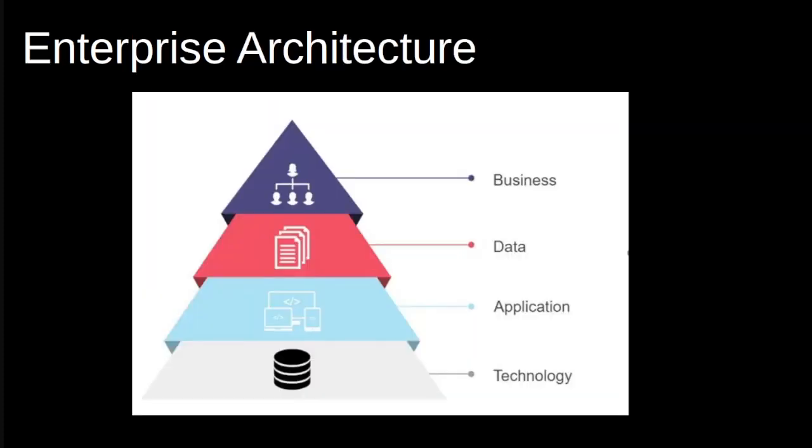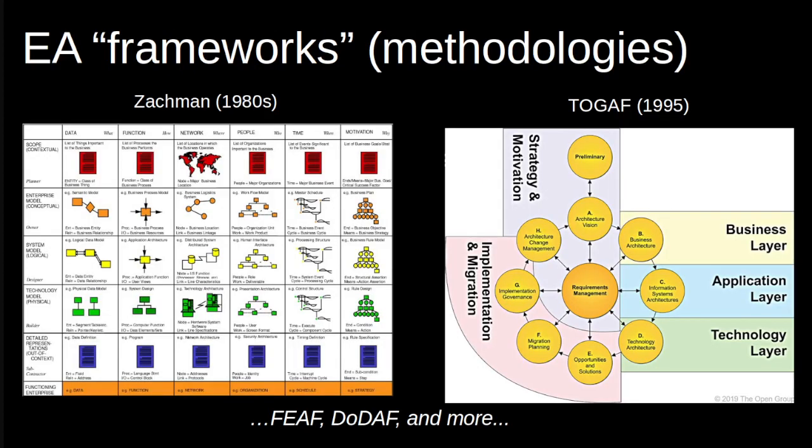So just like the human body, an enterprise organization has layers, and it's a complex system. So most enterprise architecture practices use BDAT, or these layers of business, data, application, and technology. And most EA frameworks or methodologies attempt to communicate around these layers.